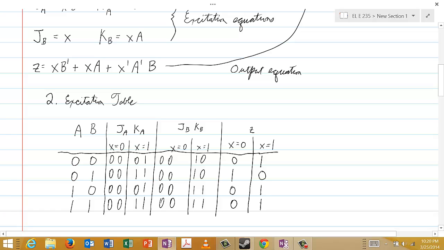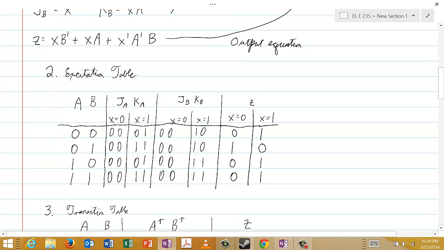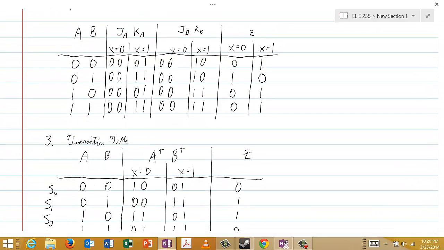And so this concludes the excitation table, and from this table we should be able to get all of the other information that we need for this problem. However, we do need to be very careful, because we need to remember just how the JK flip-flop works.